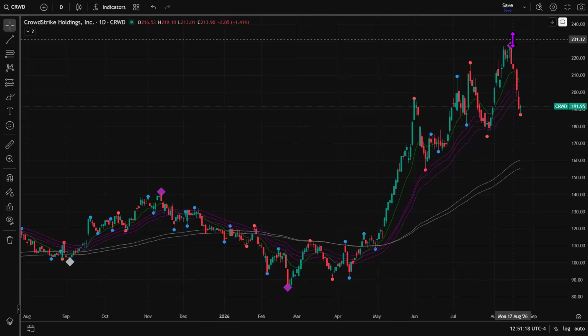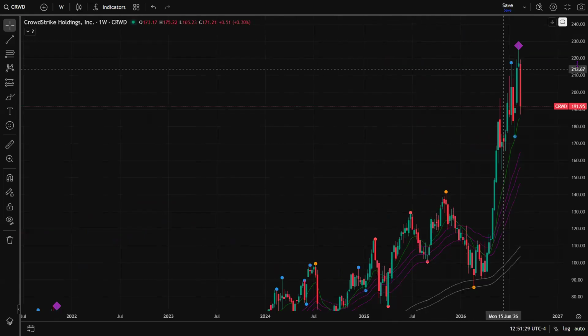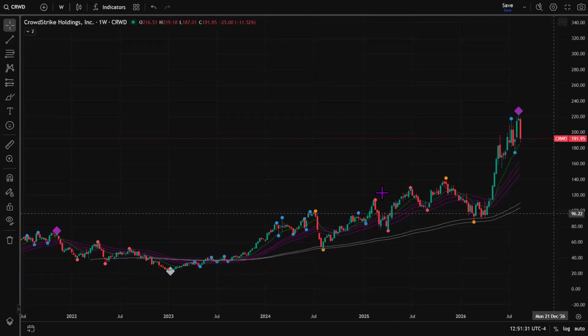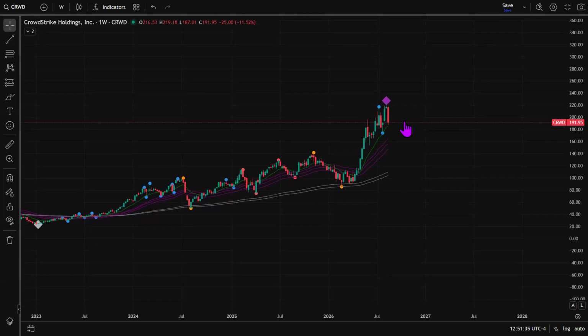We made a new high. We came down into the wave, slightly below the wave. Let's go to the weekly. Yeah. If we're going to have a significant correction from the earnings, then on this weekly chart, we're going to come down into the wave. Okay.